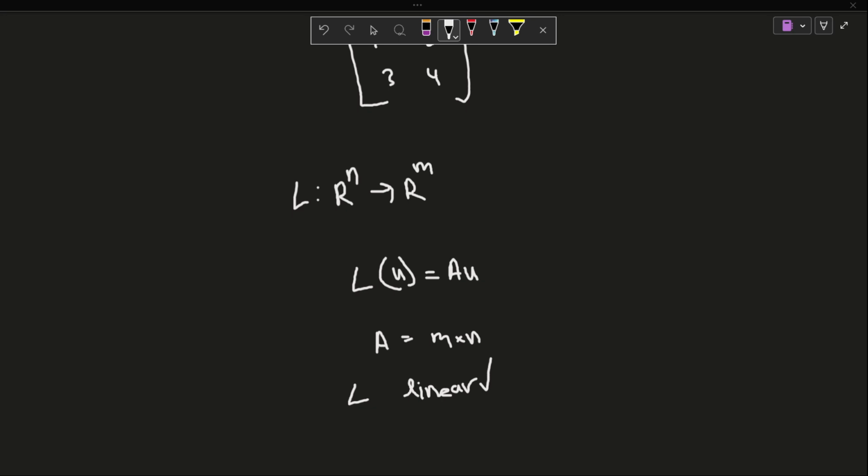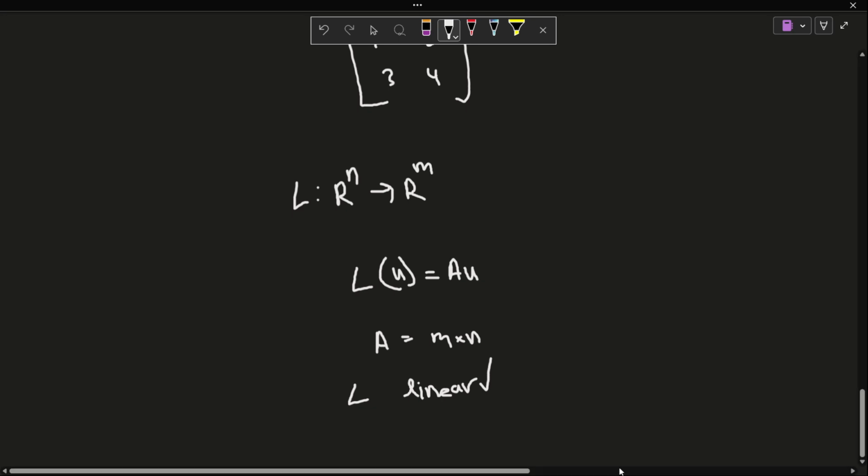L will be linear. Okay? And you can go ahead and try that. There's a proof here that I want you to try and do. And so it's going to follow from your properties of matrices that for any two vectors, u and v, inside R of n, and any two scalars, well, for any matrix, it's just going to hold true that first equation we talked about. That needs to hold true.